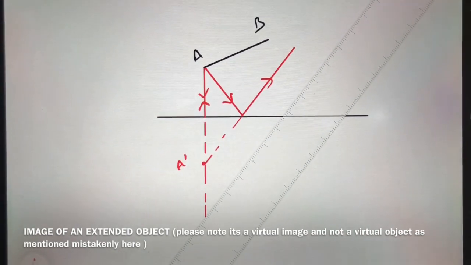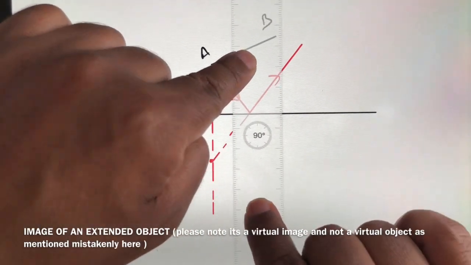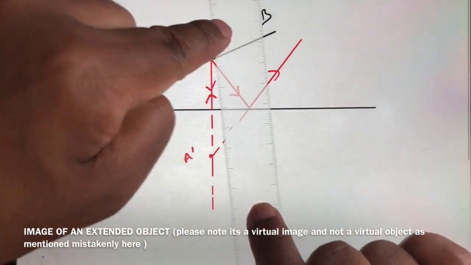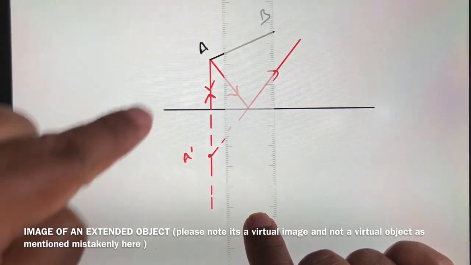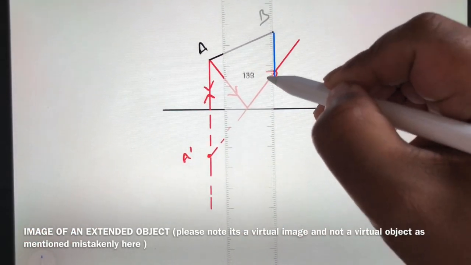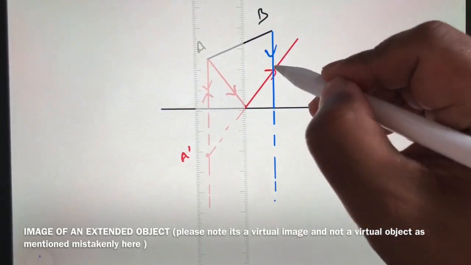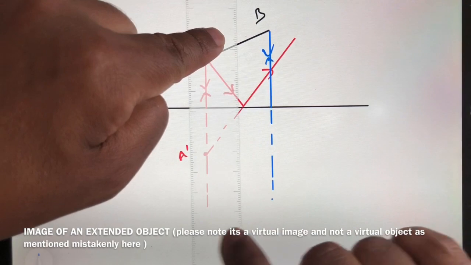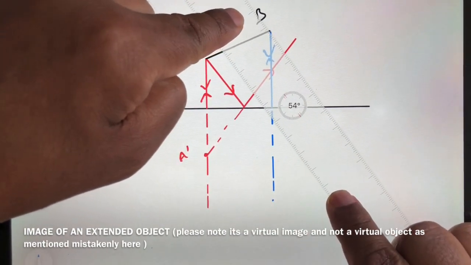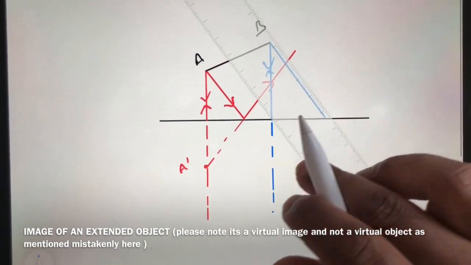So I need to do the same thing with B. For the sake of clarity, let's take the blue one. Here again I take another line that is along the normal, and it comes along this way. Then I take another, say at 54 degrees as my incident ray. You can take it at any angle.